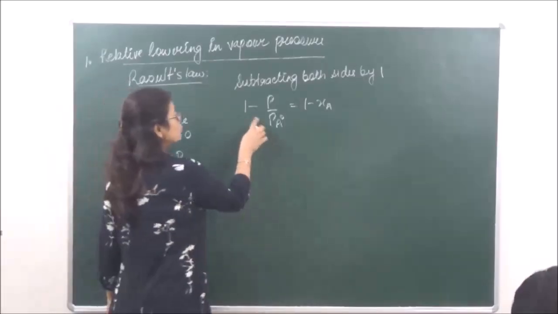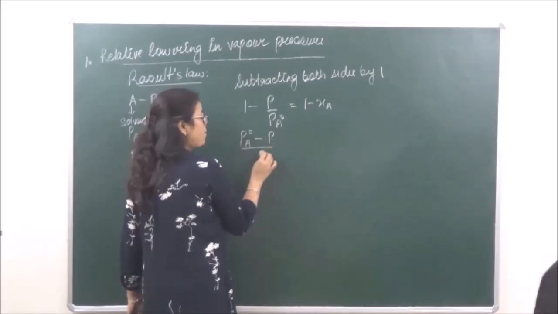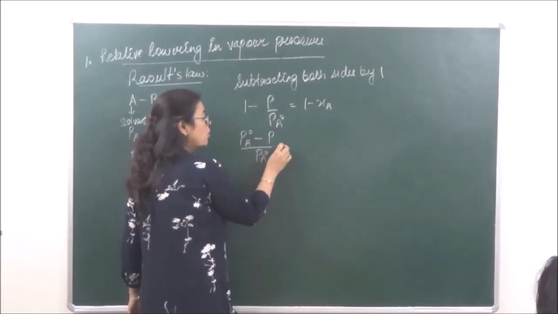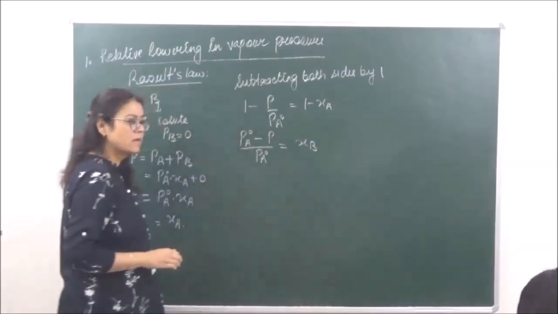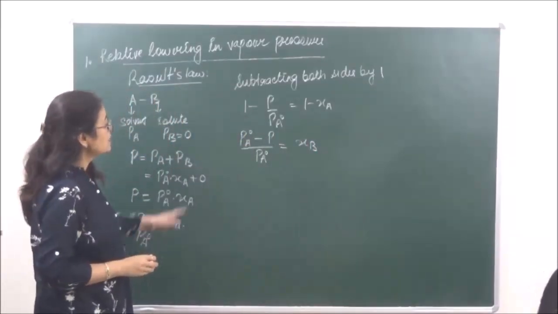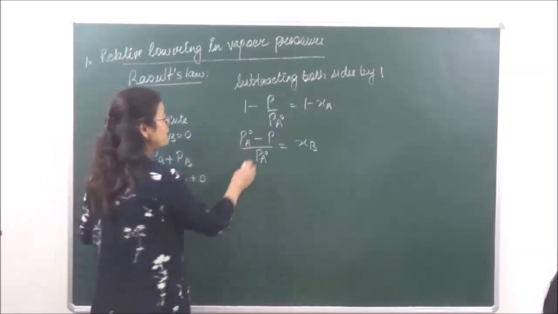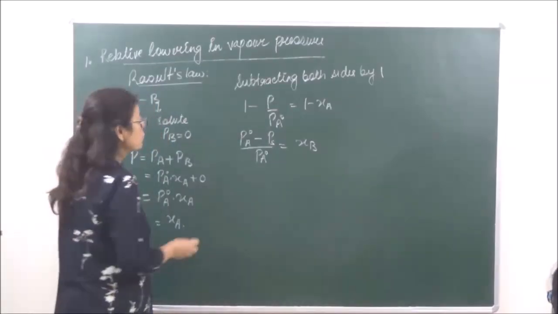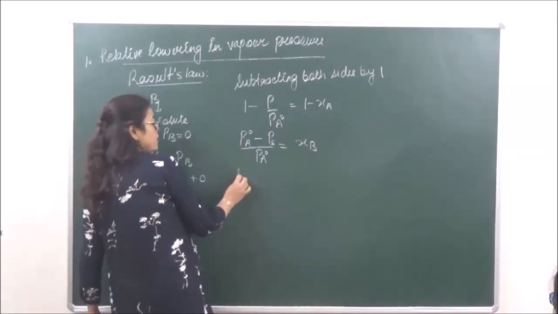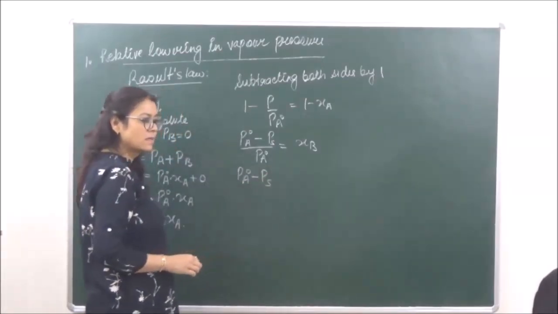Okay, so this can also be written as PA naught minus P upon PA naught is equal to 1 minus XA, which is equal to XB, right? So this is relative lowering. When we take P as the pressure of the solution, we are considering the first term, which is PA naught minus PS.